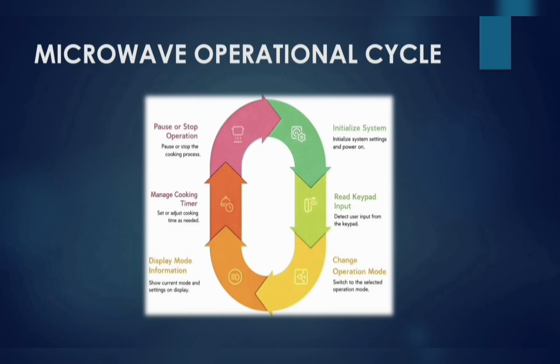Also, we manage the cooking timer, and we take input from the user related to the cooking time, and we have the capability to pause and stop the operation also. So it's a continuous cycle which occurs in a while loop, while the initialization of the system happens only once at the start of the program.